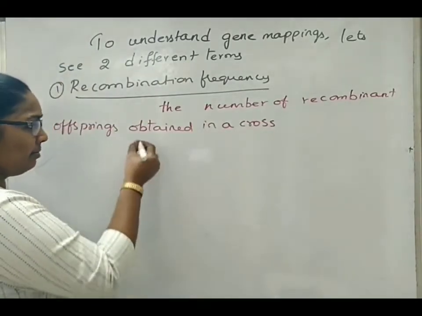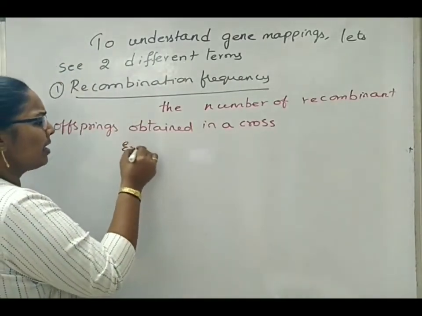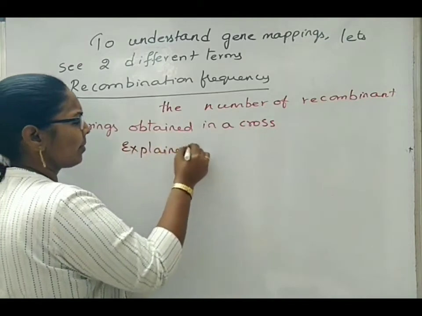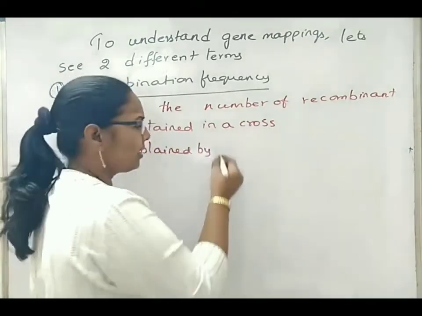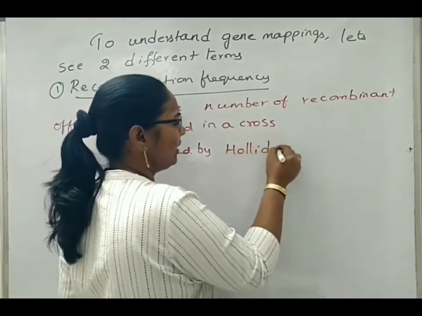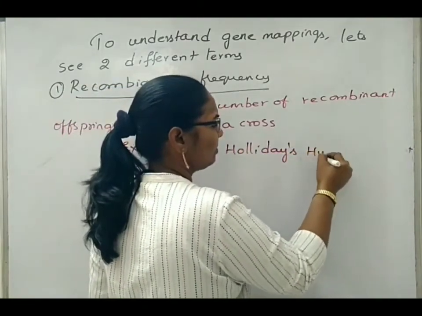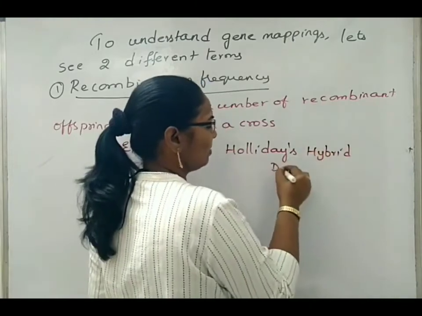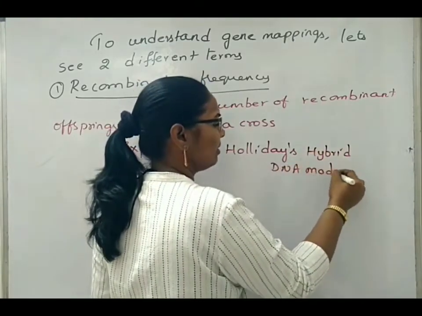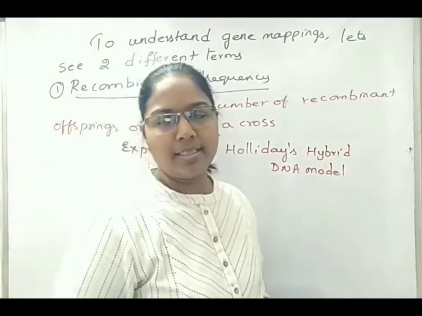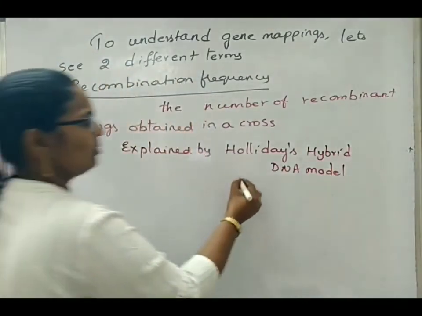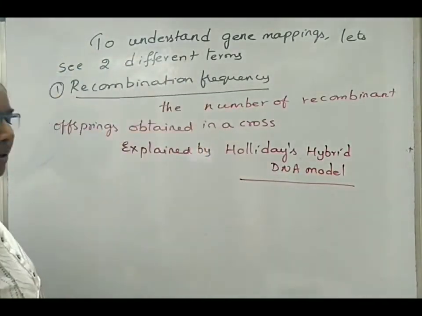Next, this recombination frequency is explained by one type of model, that is Holliday's hybrid DNA model. But a detailed explanation is not necessary here. Just the term is enough from your NEET point of view.